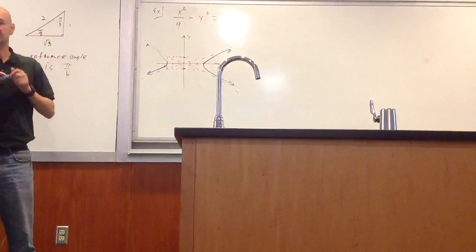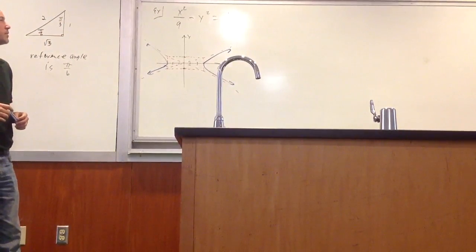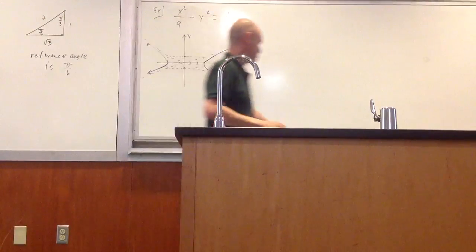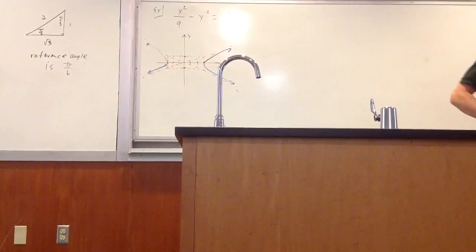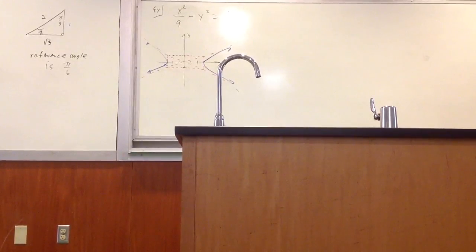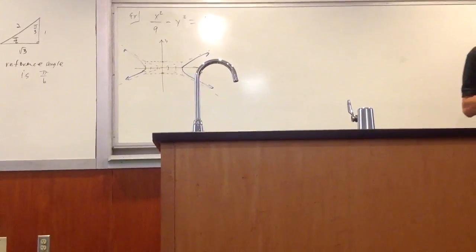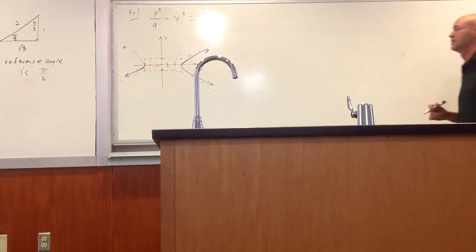And it never crosses. Some asymptotes do cross, right? Not these. But there are times when we cross the asymptote, sometimes an infinite number of times. I can show you an example in a minute.